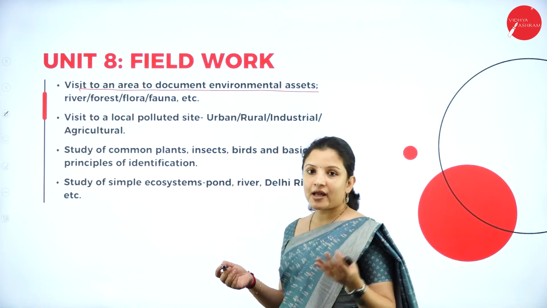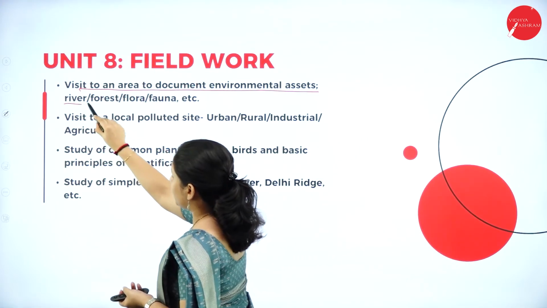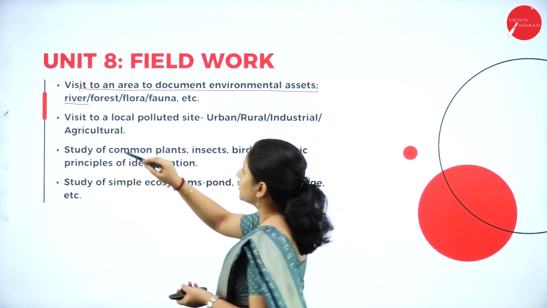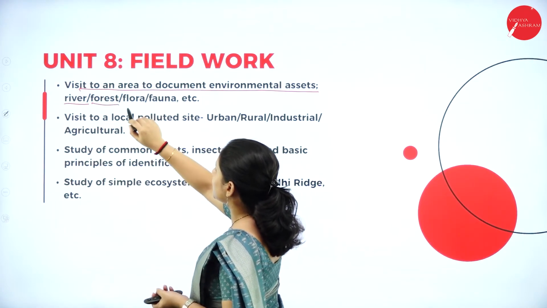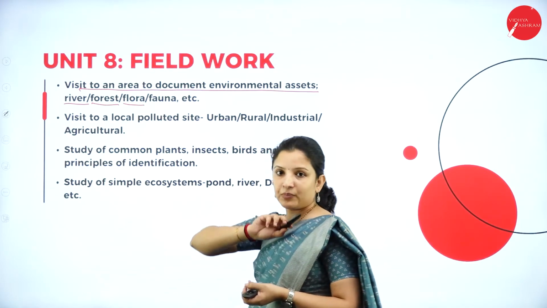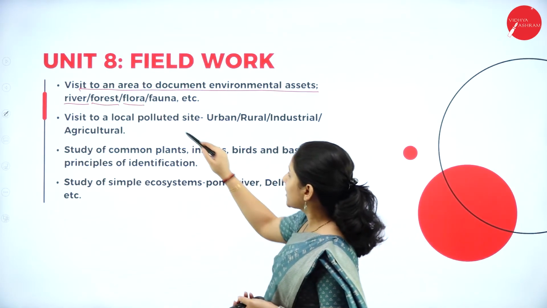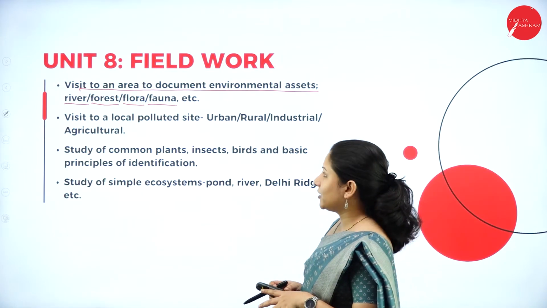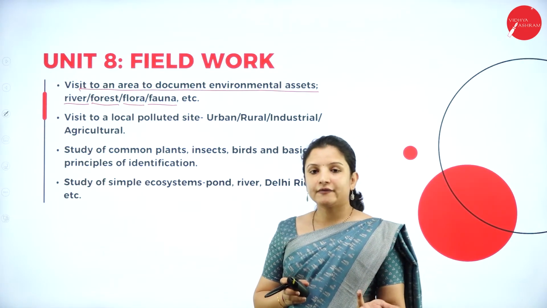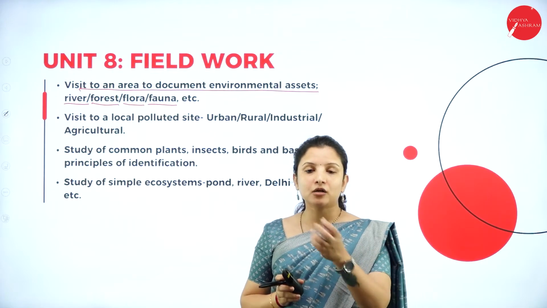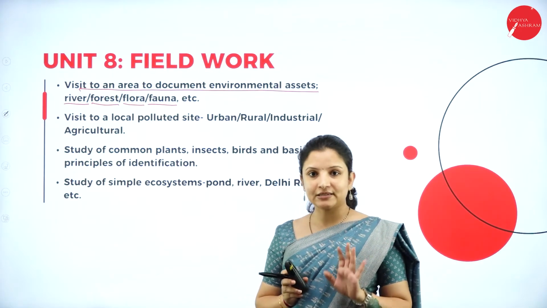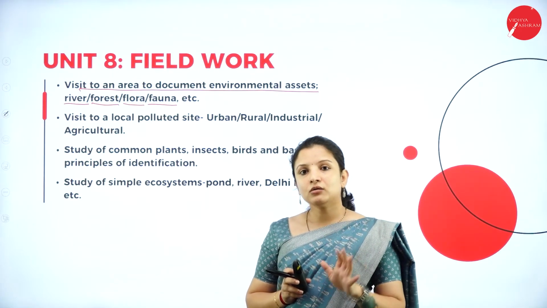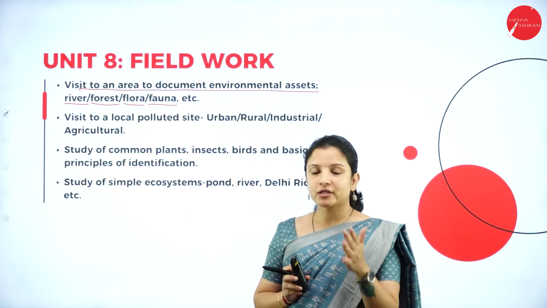All that you will study, and you will note about the number of rivers that are flowing in that particular area, the forest in that particular area, the flora, that is the plant species in that area, and the fauna, that is the animal species in that particular area. There is nothing you have to do, just go and visit and make a note of the environmental assets there, and write it down in the form of a neat project and bring it back.